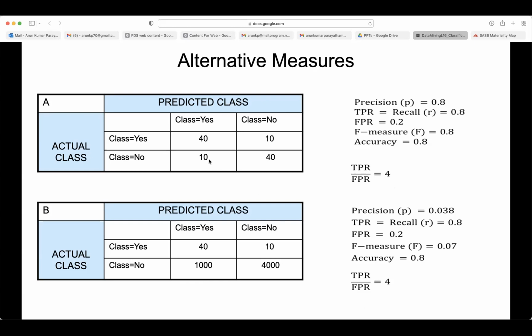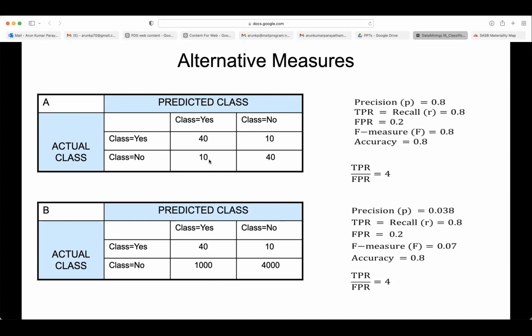So for these tables, what is true positive rate by false positive rate here? You know how to compute the true positive rate, right? That is 40 by 50, that is 0.8. Then what is the false positive rate here?